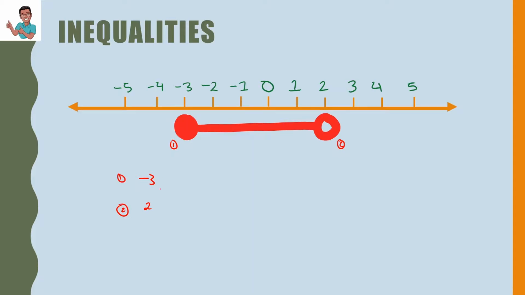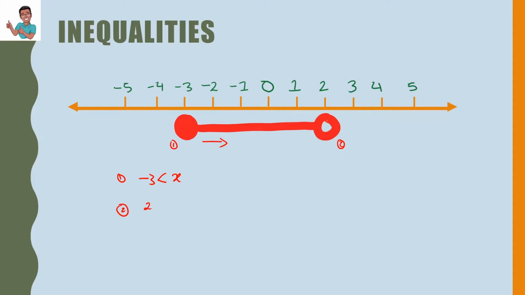Let's focus on the -3. We can see the line is going this way, therefore we know the number must be increasing. So this means that -3 is less than x. x is being represented by -3, -2, -1, 0 and 1.